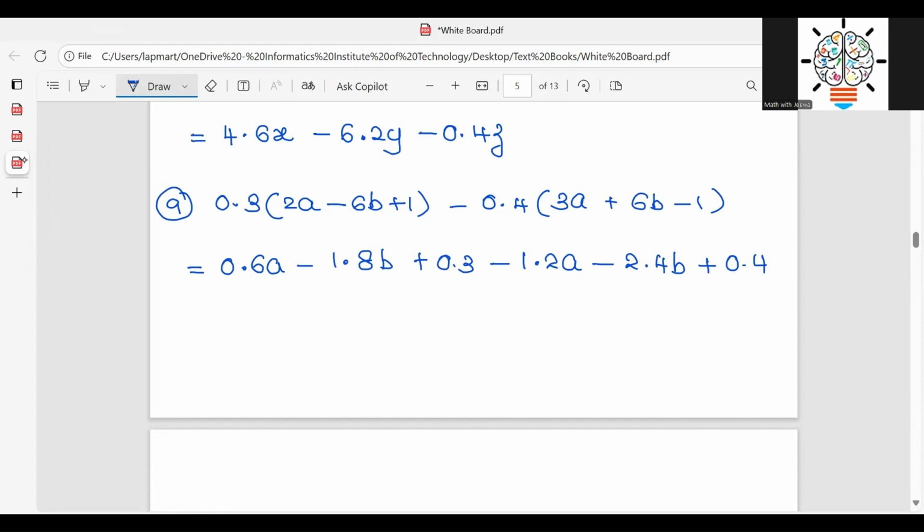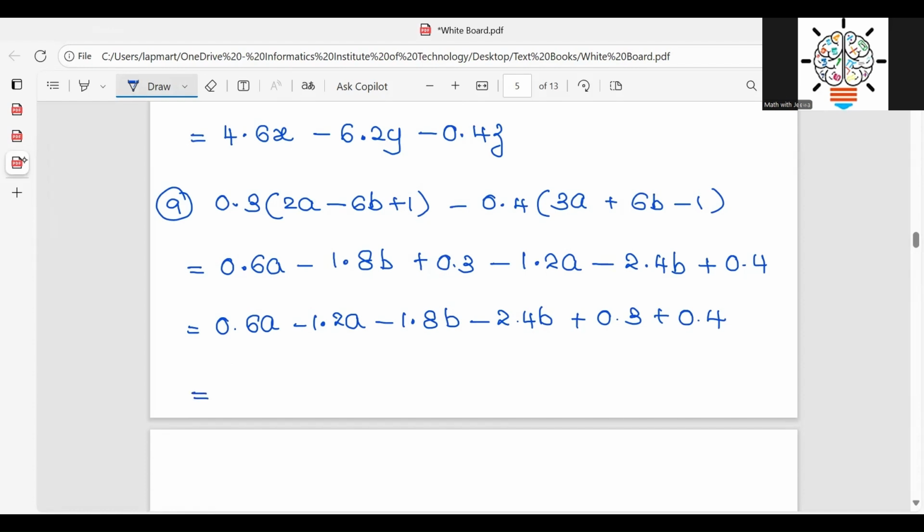Negative 0.4 multiplied by 3, negative 1.2. Negative 0.4 multiplied by 6, it gives me negative 2.4. Negative 0.4 multiplied by negative 1, it gives me positive 0.4. So then I take 0.6a minus 1.2a minus 1.8b minus 2.4b plus 0.3 plus 0.4.